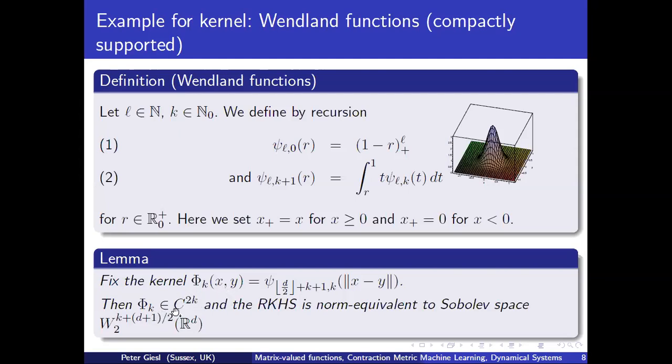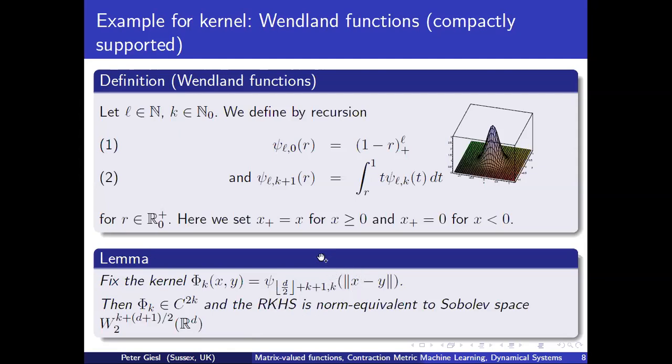The kernel has a certain smoothness, namely it's a C^2k function. k is a natural number, and the corresponding reproducing kernel Hilbert space is not equal, but it's norm equivalent to a Sobolev space, and the Sobolev space is of order k plus d plus 1/2. For all purposes later, we identify the reproducing kernel Hilbert space with this kernel with a corresponding Sobolev space. Actually, they are just norm equivalent, but that's kind of good enough for our purposes and the error estimates.